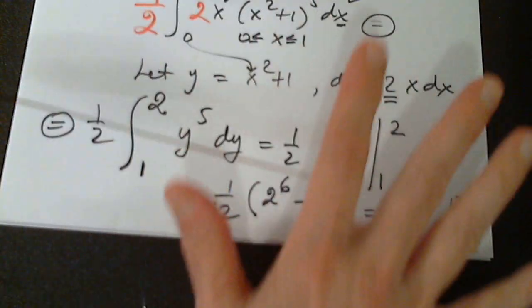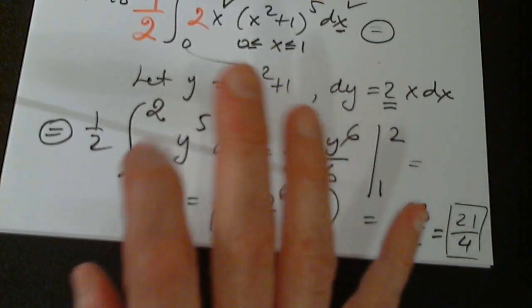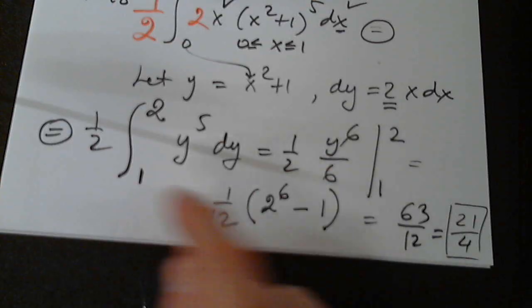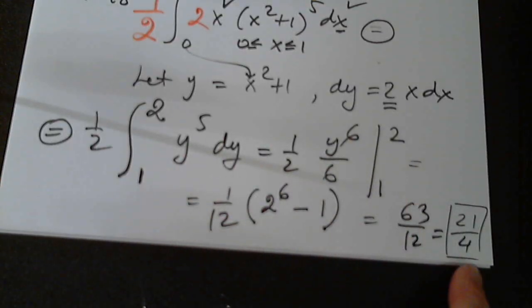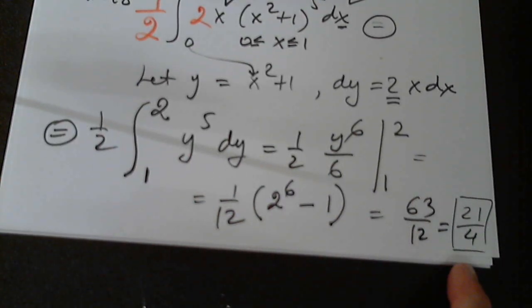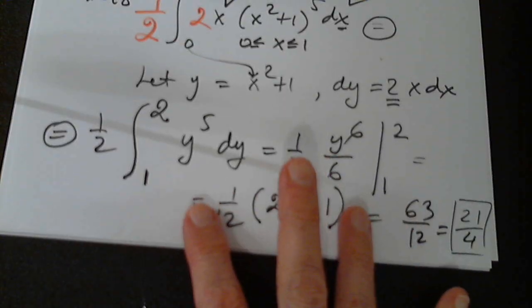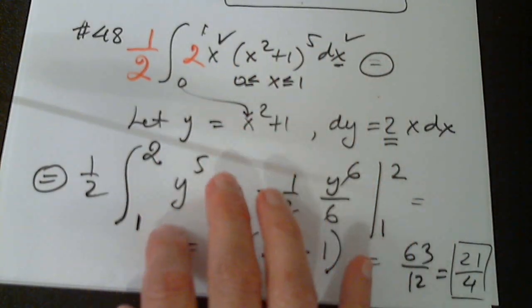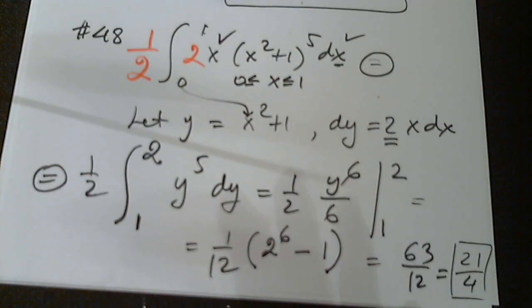So I get the substitution, I change the limits of integration, and I do not look back. I follow through and get the final answer, which is a number. Okay? Do not change the definite integral into an indefinite integral, change it back to x and then put numbers in. Please do not do that.